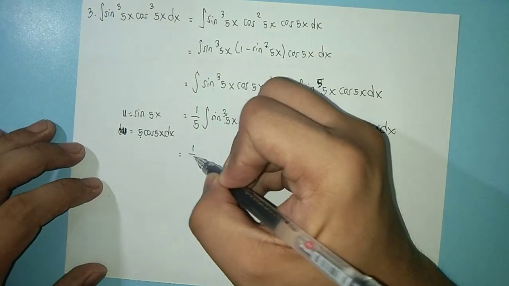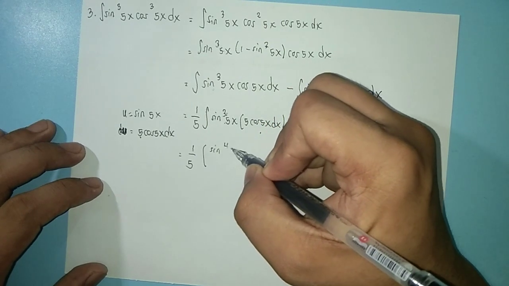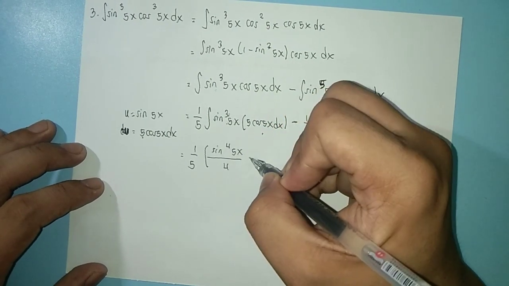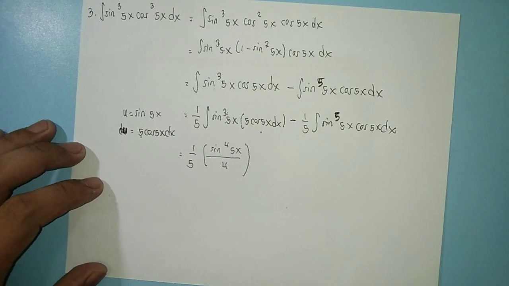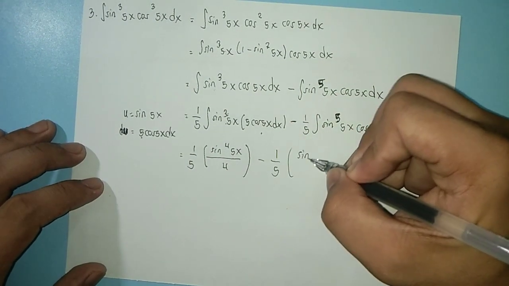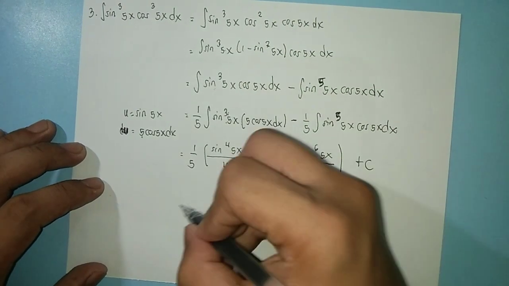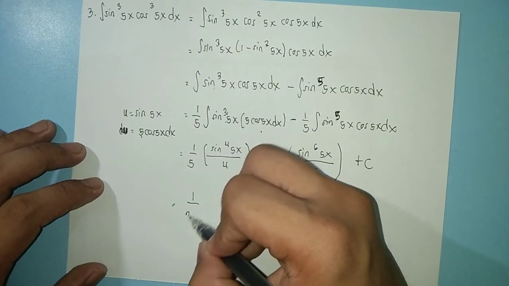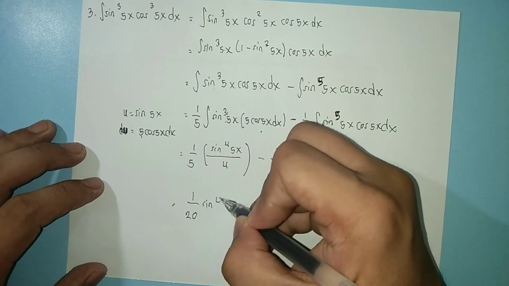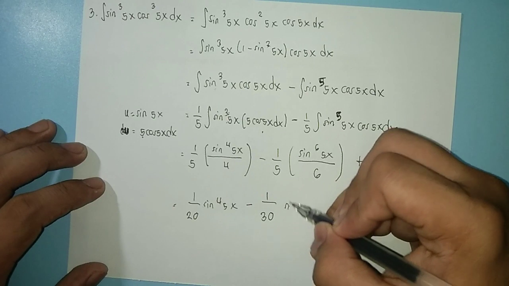Okay, so magiging 1 over 5 sine raised to 4 over 4. Okay, so minus 1 over 5, ito naman magiging 6 over 6 plus c. So ayusin natin, 1 over 20 sine raised to 4 minus 1 over 30 sine raised to 6 plus c.